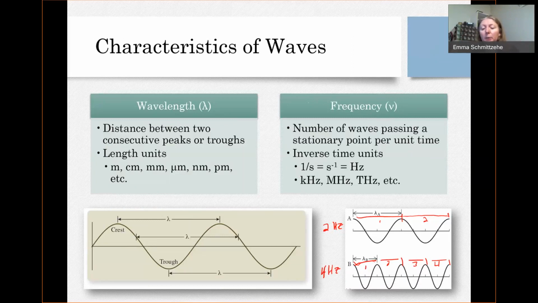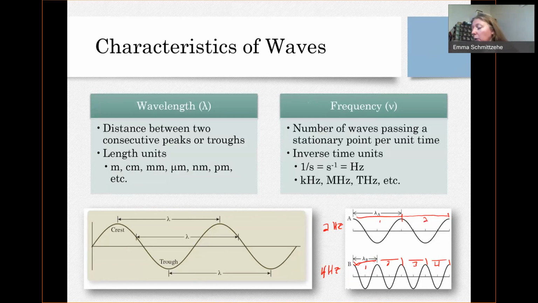And the nice thing about looking at those two waves and comparing those frequencies is then if you compare the wavelengths, look at the relationship between those. When you have a longer wavelength like you do in wave A, you have a lower frequency. Whereas when you have that shorter wavelength in wave B, you have more waves that can pass in a given time, so you have a higher frequency.